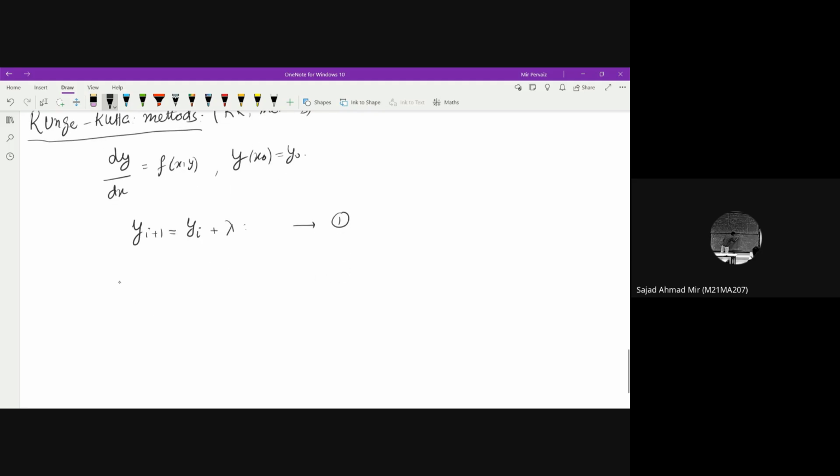This lambda is the weighted sum of some ki's, w1 k1 plus w2 k2 up to wm km, depending on the number of terms k1, k2, k3 up to km. That tells us the order of the method. Now we will first go for first order, second order. This may be the mth order RK method.